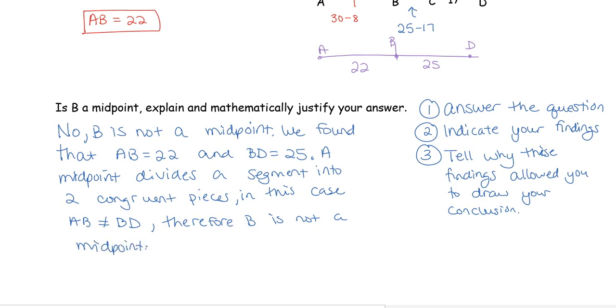So answer the question, support your answer with mathematical findings, and then say what you have and tell why it justifies, supports, or does not support your conclusion. A midpoint would need to be 2 equal pieces. Because we don't have 2 equal pieces, it's not a midpoint.